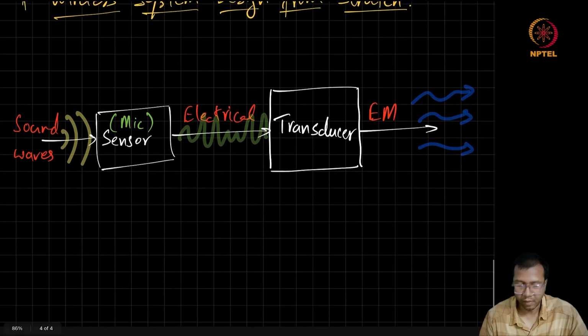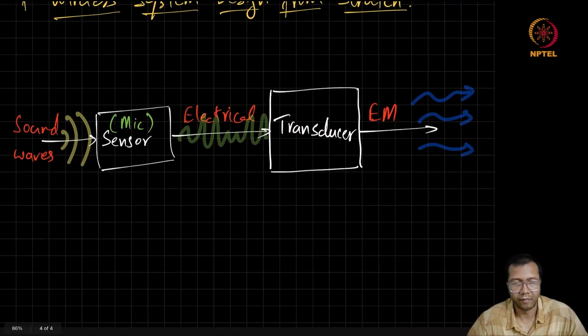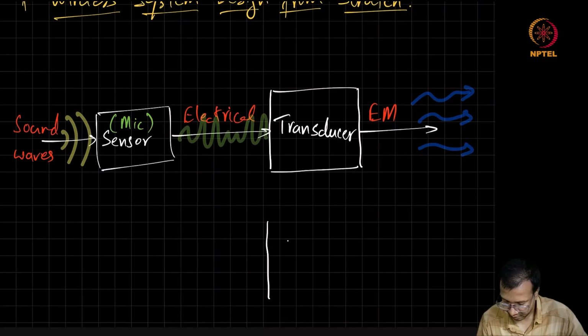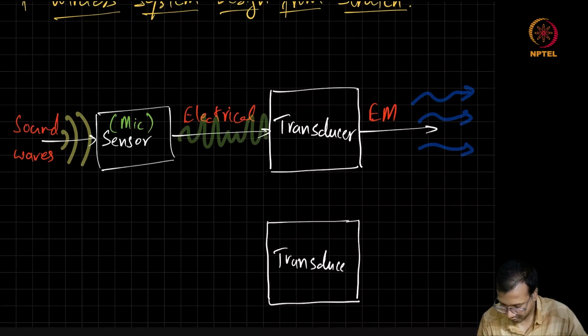What about the other node, where we are expected to receive these electromagnetic signals? There you can expect a similar kind of transducer setup, but operating in the reverse direction.